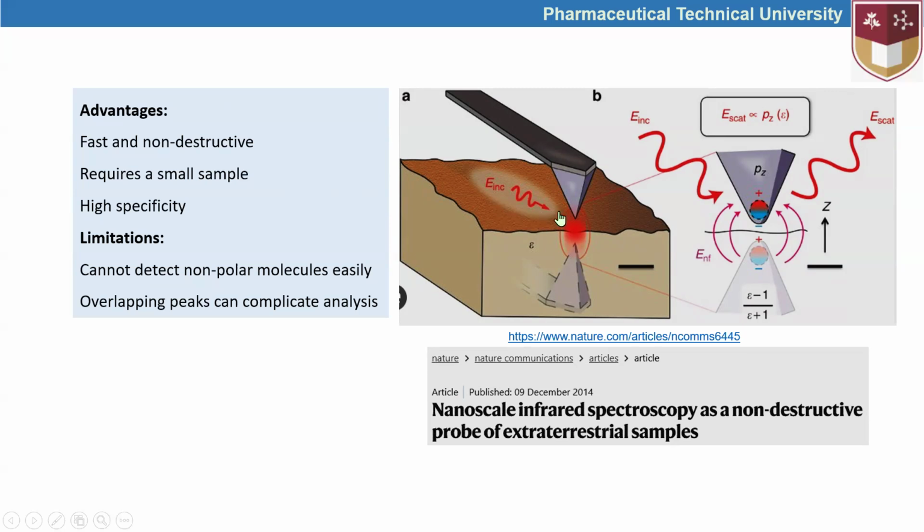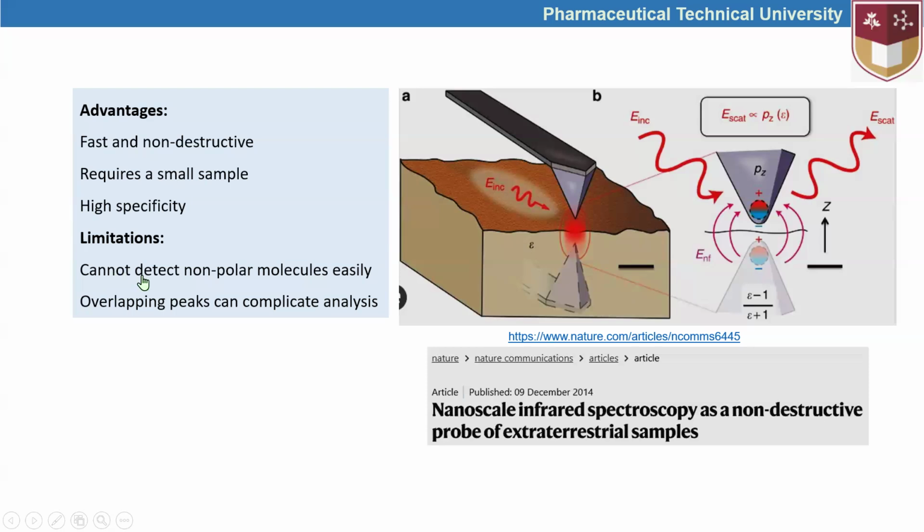It does not cause the breakage of chemical bonds, or mutations. Okay, if the intensity is very high and long term, it might cause mutation as well in some cases, but compared to UV, it is of very low level. And it requires a small sample, and it is highly specific, as we have been discussing.